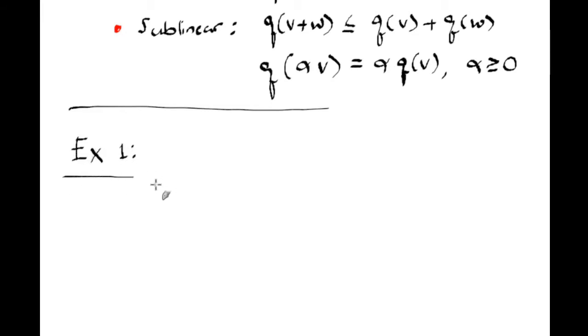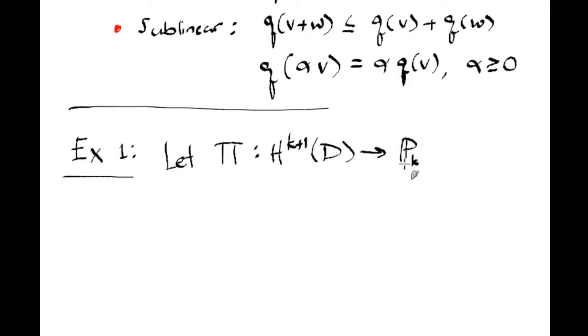Okay, so example 1. Let capital pi map H^{k+1}(D) to P_k. And we're going to let it be a projection.